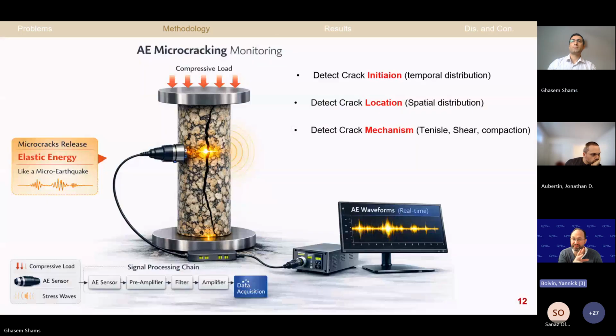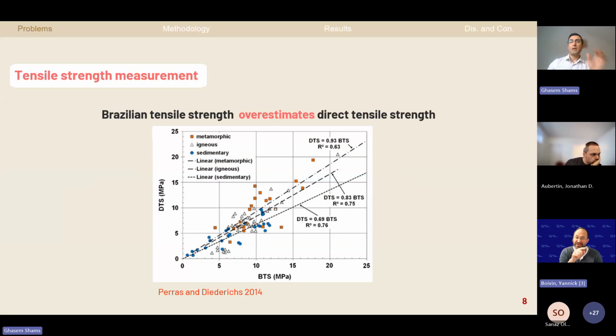But I just want to be sure: in your presentation you used CV, so I guess it was the coefficient of variation.